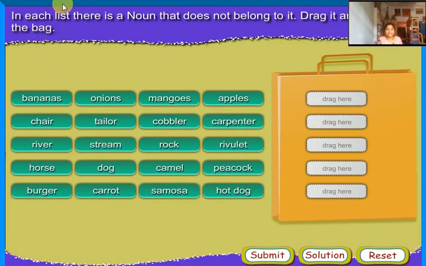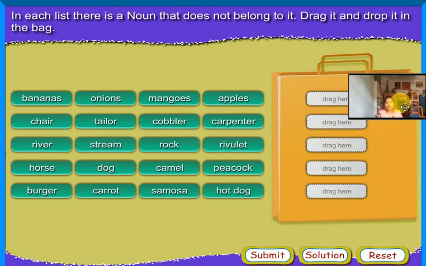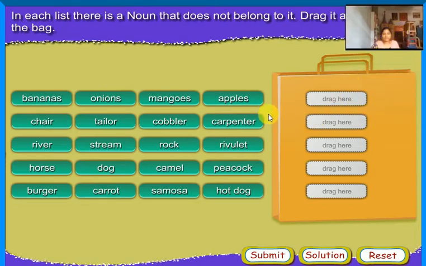In each list, there is a noun that does not belong to it. Drag it and drop it in the bag. Bananas, onions, mangoes, apples. Onions.